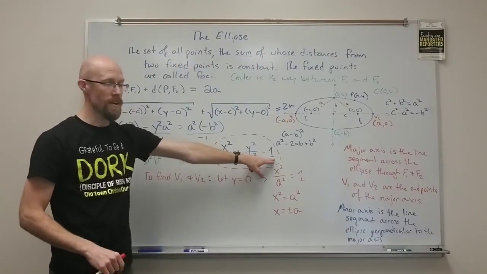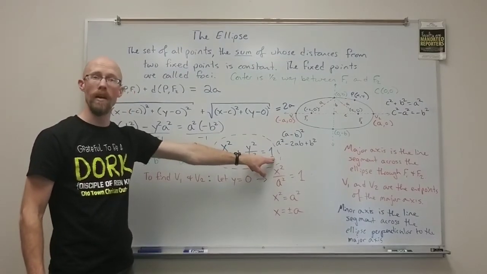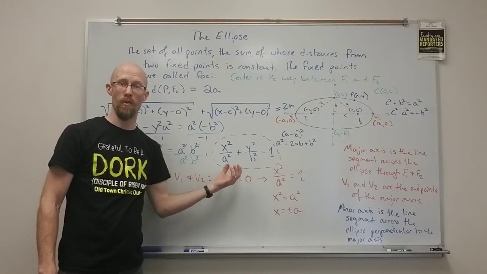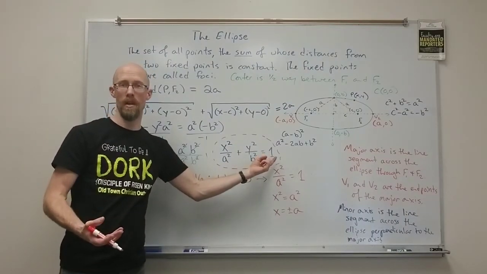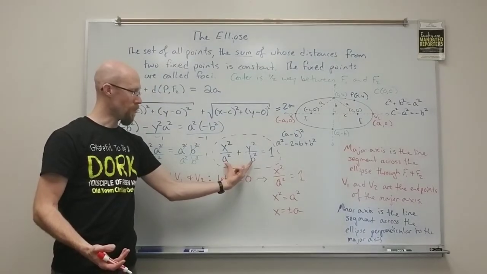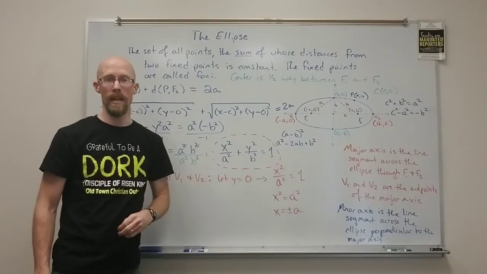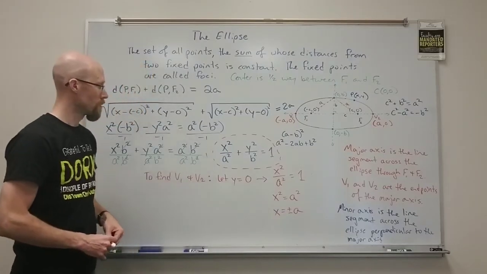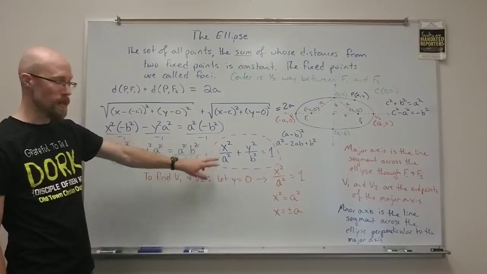And then you have to have a 1 on the other side to make that work out. If you don't have a 1, you simply divide the entire equation, both sides, by whatever value is there. If it's a 3, you divide by 3. And then you determine what the a and the b value are. But you must have the 1 on the other side to do that, okay? So this, again, is the general form of an ellipse.